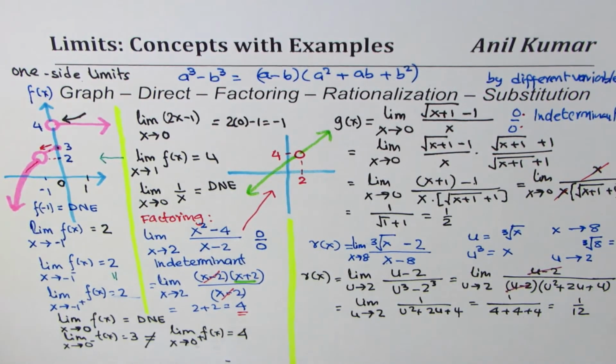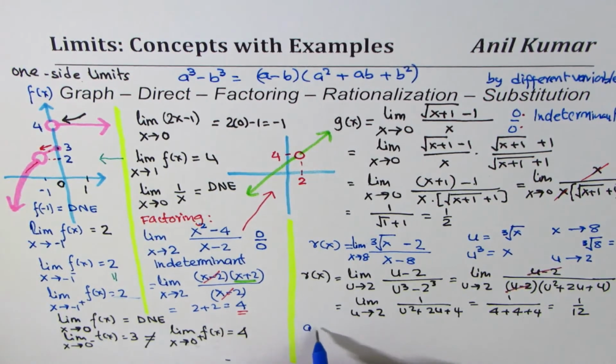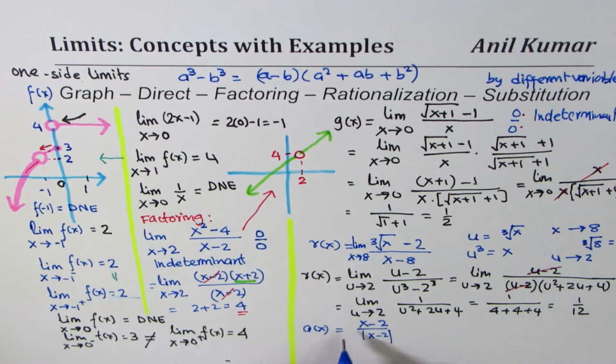Now let me take a very special case here. We call it the absolute function, right? So whenever we have absolute functions, let's say a of x is equal to, let me write a function, x minus 2 over the absolute value of x minus 2, and the limit as x approaches 2, right? An absolute function is a piecewise function.